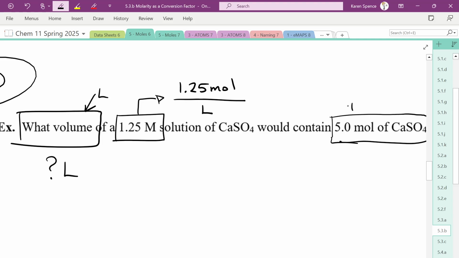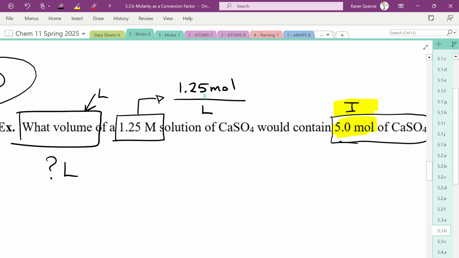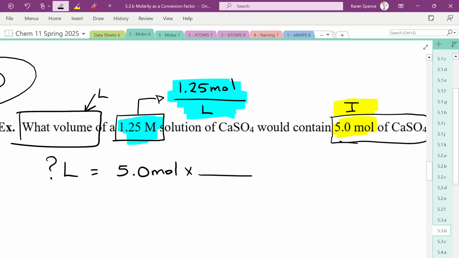So there is our initial quantity. There is our conversion factor. Okay, so how many liters is equal to 5.0 moles times, draw your line.